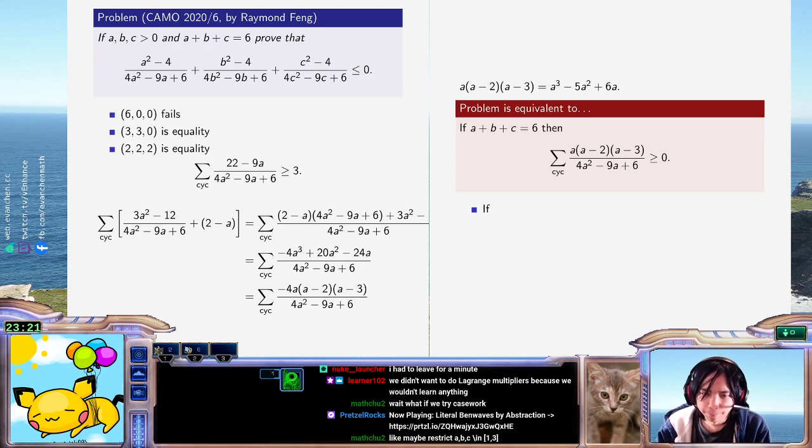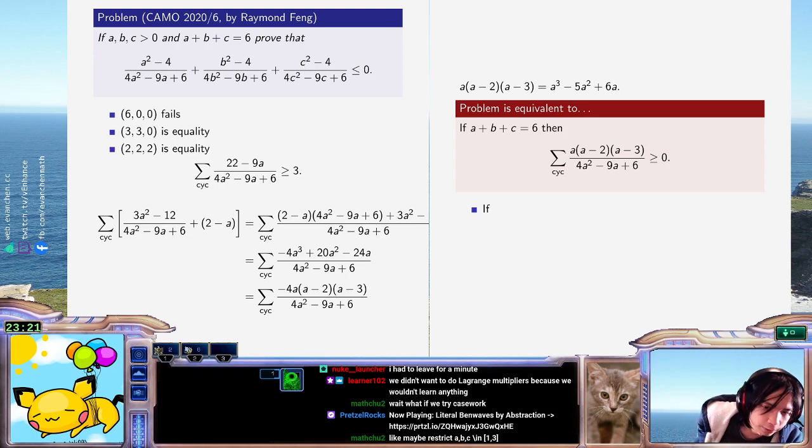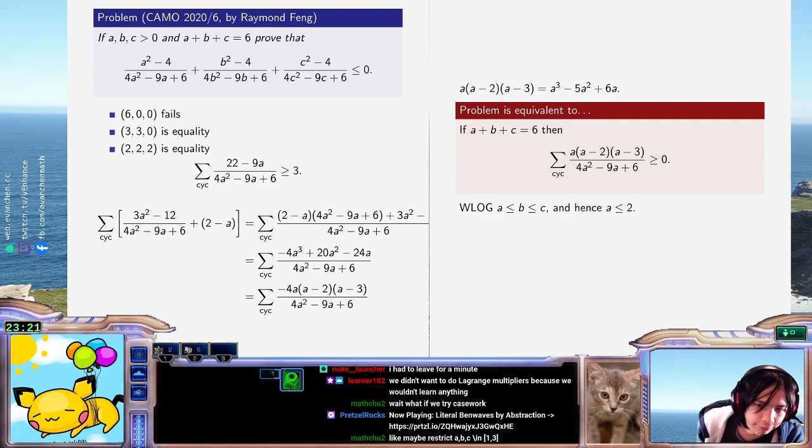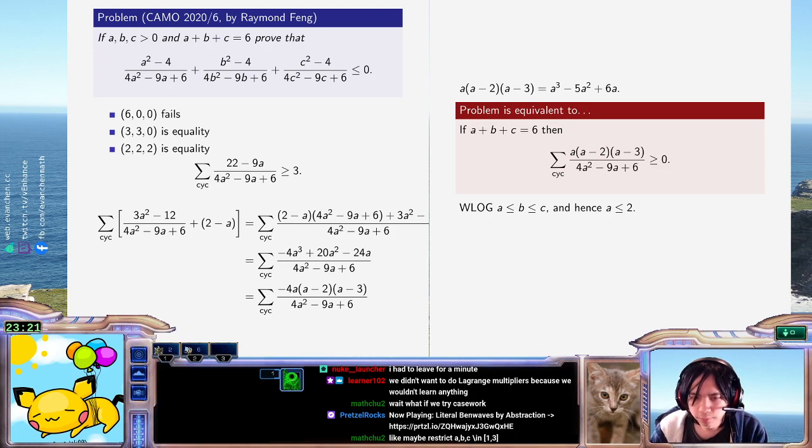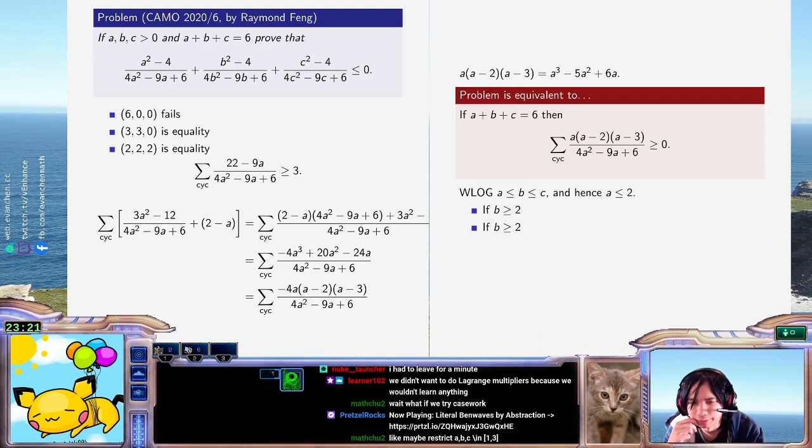So a less than b less than c, and hence a is less than or equal to 2, really. So either you can have a case where c is less than or equal to 3, and b greater than 2 or b less than or equal to 2. And then you'd have to do something. I don't really want to do it, to be honest.